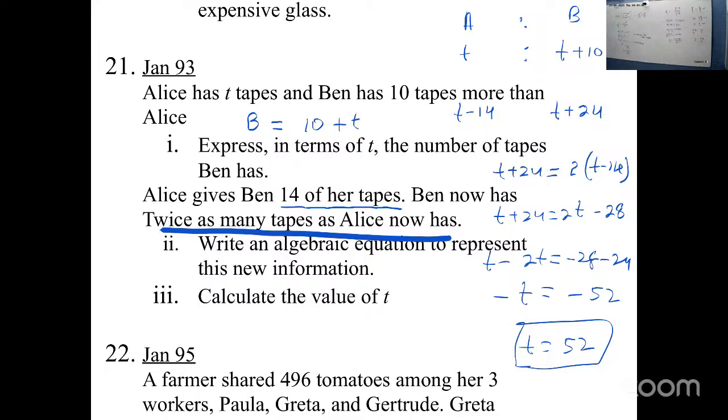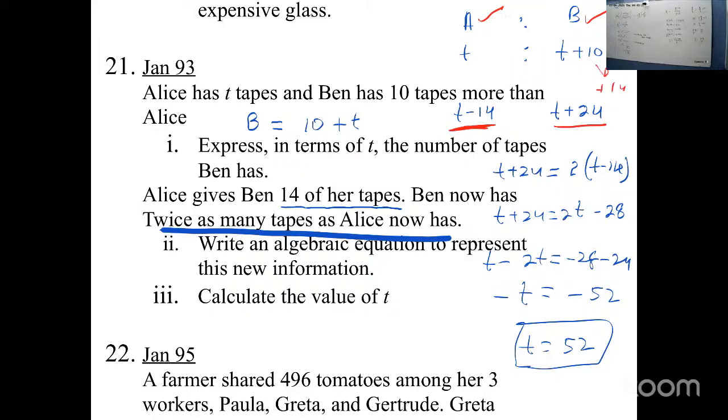So the wording was kind of tricky, but here's what I want you to see. We know what Alice had in the beginning and what Ben had in the beginning. Then Alice gave away 14 of her tapes. So it means Alice now has T minus 14 and Ben has T plus 24, because you add 14 on to the 10.